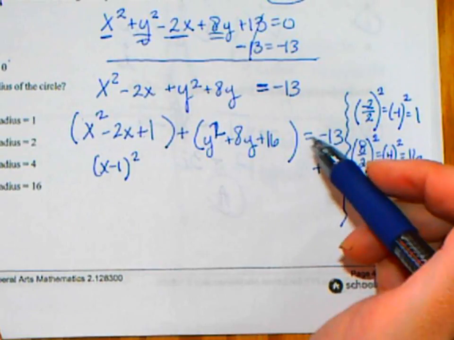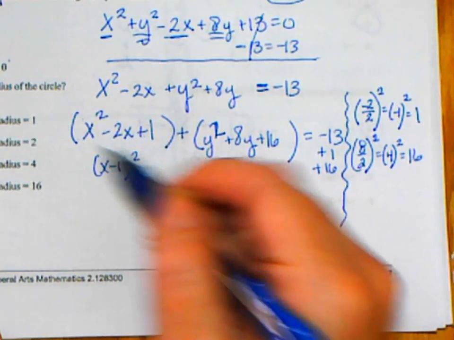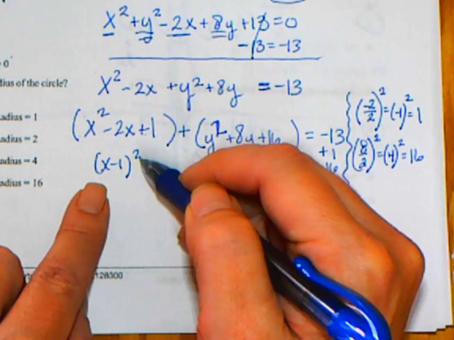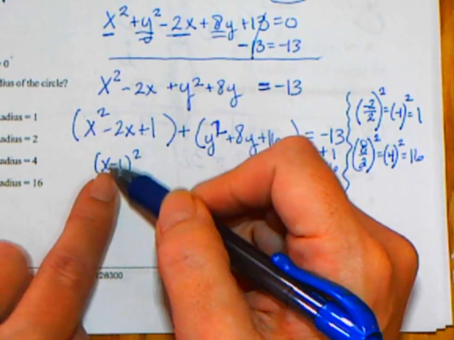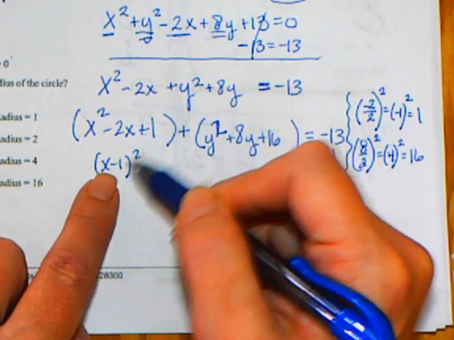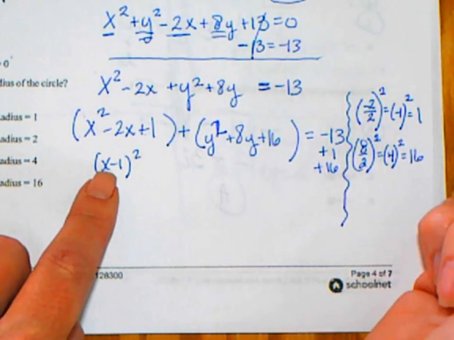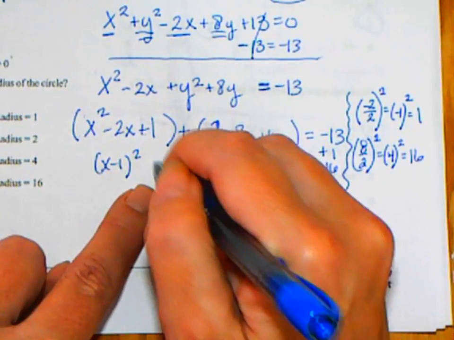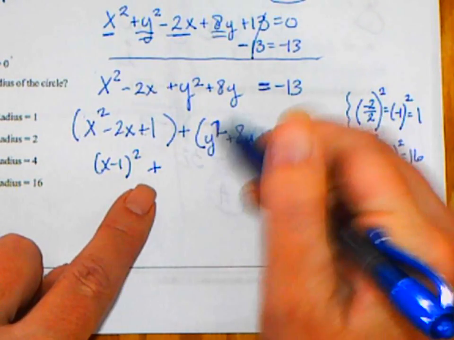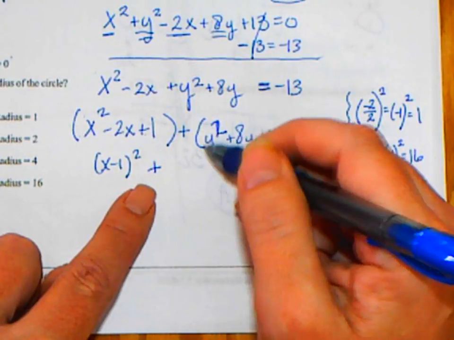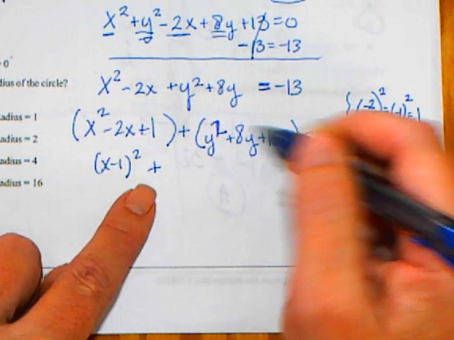So if you know this is a perfect square trinomial, you can just make one set of parentheses and square it. The square root of the first term goes here, the square root of the last term goes here, and you use the sign of b. But again, if you don't remember, just do a T-chart. Plus, this is a perfect square trinomial too. You need two numbers that multiply together to give you 16 and add together to give you 8.